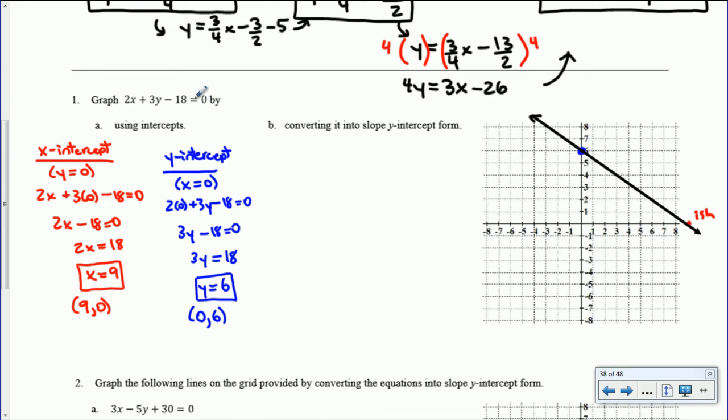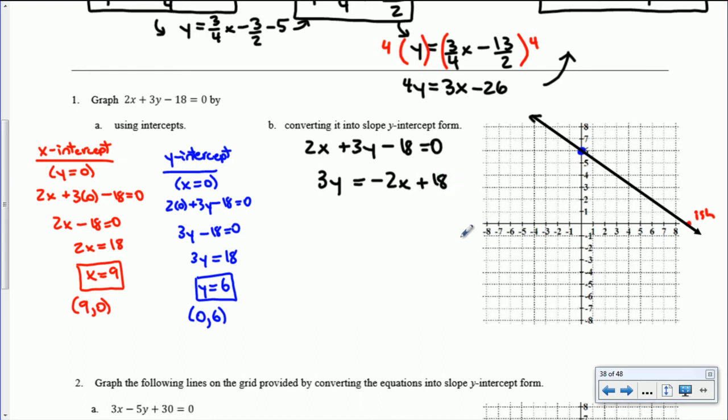So to convert this to slope y-intercept form, 2x plus 3y minus 18 is 0. I need to get y on its own, right? So it's already positive. I can bring this to the right, and I can bring the 2x to the right as well. So I would need to subtract 2x from both sides, and add 18 to both sides.